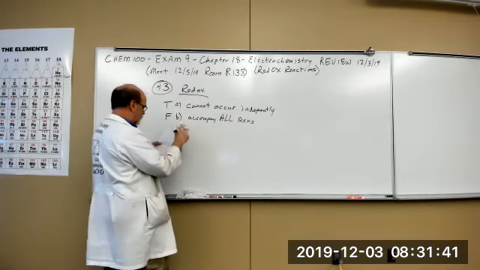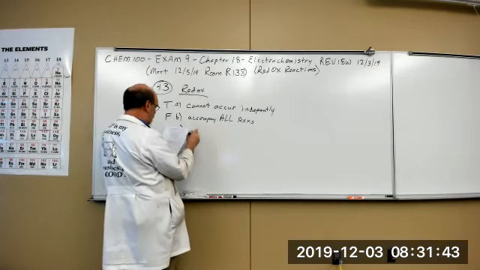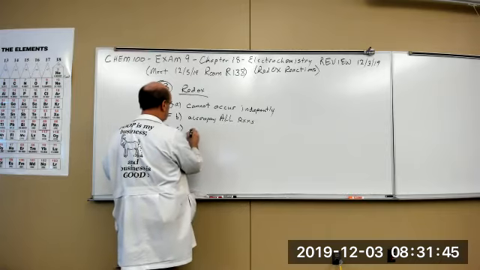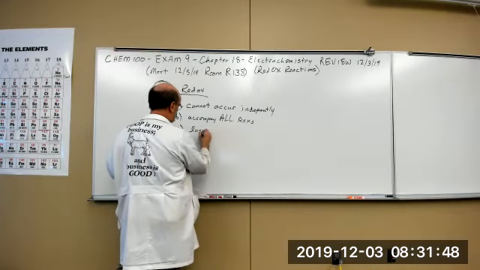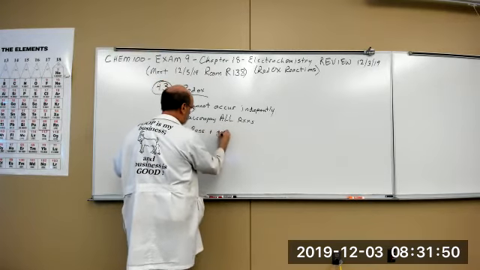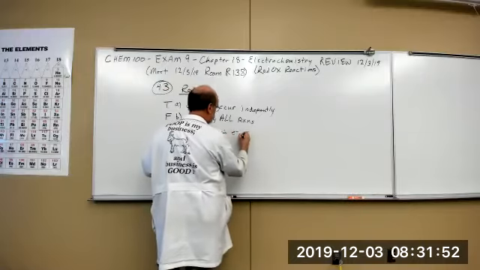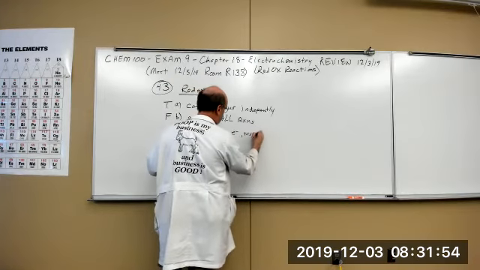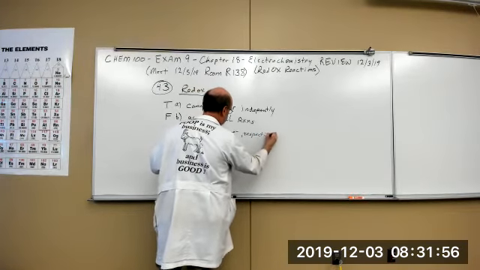C, redox reactions describe the loss and gain of electrons, respectively. So what does that mean?